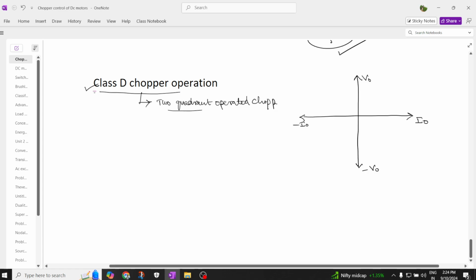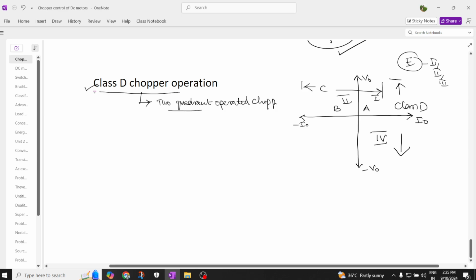So two quadrants means, class A chopper will operate here, class B chopper will operate here, combined A and B, C chopper will operate here, and combining the first quadrant and fourth quadrant, our class D chopper is going to operate. And if you combine all the quadrants, then class E chopper is going to operate in the first, second, third quadrant as well as the fourth quadrant. So this is very important to understand the quadrant operation.